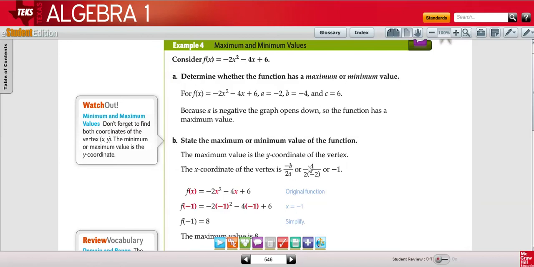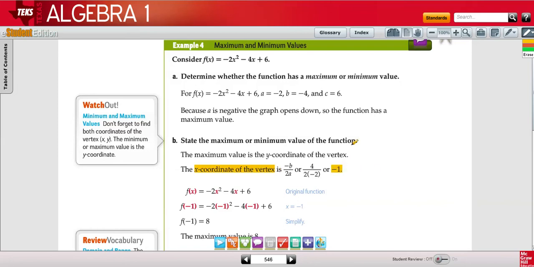When we fill in negative b, if b is already negative, negative b is going to be positive. So 4 over 2 times negative 2 because a is negative 2. When you type that into your calculator or solve that out, you figure out that the x coordinate is negative 1. So the x coordinate of the vertex is negative 1.